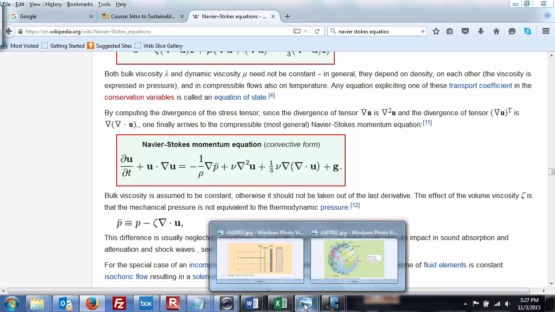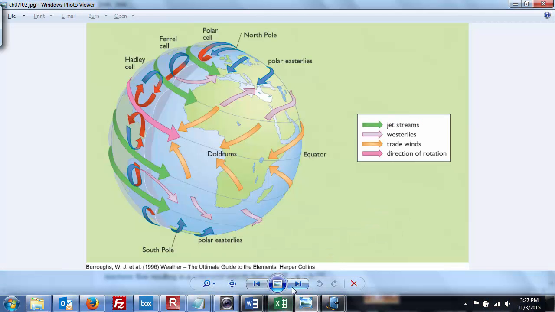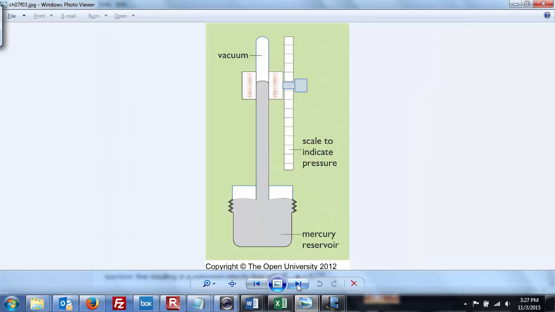Okay, so there's some of the physics or the science of wind. Now, how do you measure pressure? Well, one way to do it is to have a vacuum up top and a big bubble of mercury or some other fluid on the bottom.